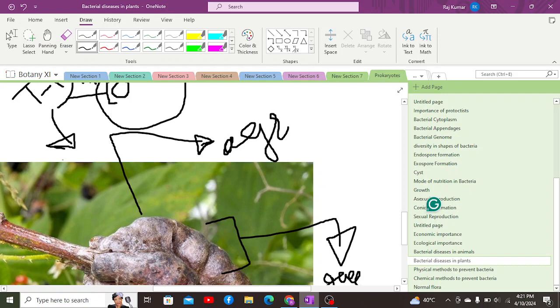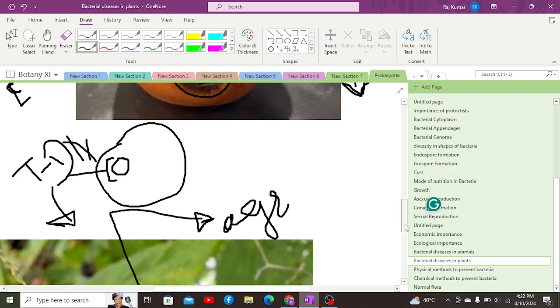As a result, the plant genome, integrated with the tDNA, becomes mutated, which means it now has a gene to form abnormal growth of cells, the tumor or gall, which will further grow out as the bacterial gall. This tDNA is responsible for it.